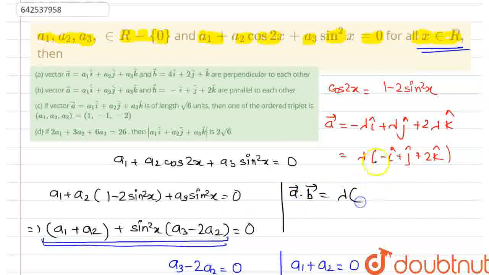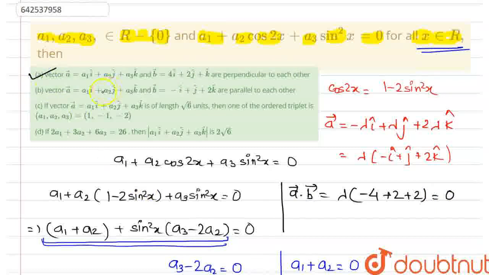We'll take lambda common. Minus 1 into 4, that is minus 4. 1 into 2, that is 2. And 1 into 2, that is 2. So we are getting the value of A vector dot B vector as equal to 0, and thus we can say that vector A and vector B are perpendicular to each other. That is, option A is correct.